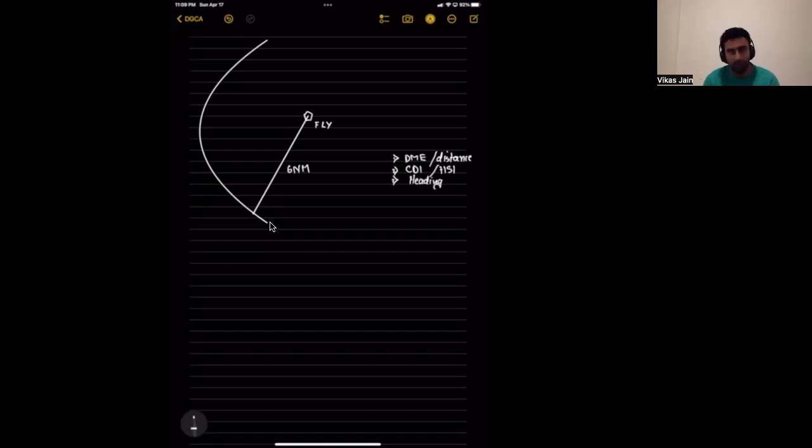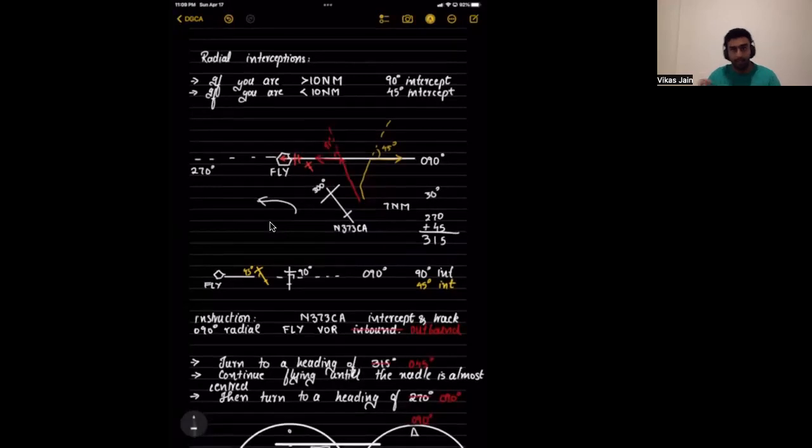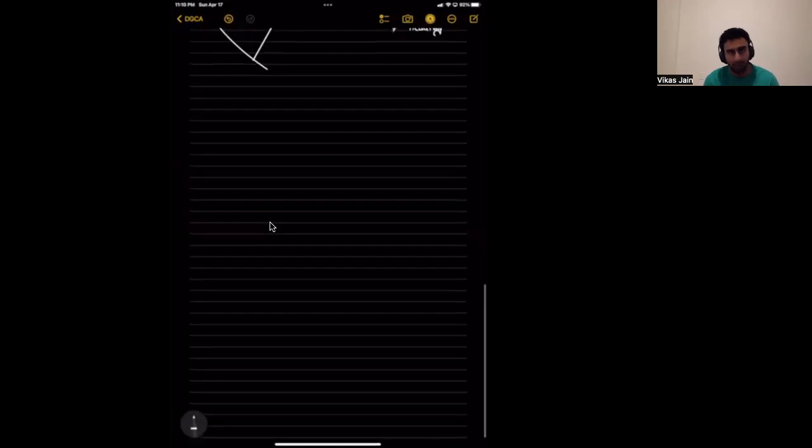Now, we talked about radial interceptions in the previous class. We are making a 90-degree intercept and a 45-degree intercept. For all your DME arcs, you will be intercepting a particular radial that will be a starting radial. Whatever the procedure, we follow the same procedure. Make either a 45-degree intercept or a 90-degree intercept to that radial and start flying inbound or outbound as published or as told by ATC.